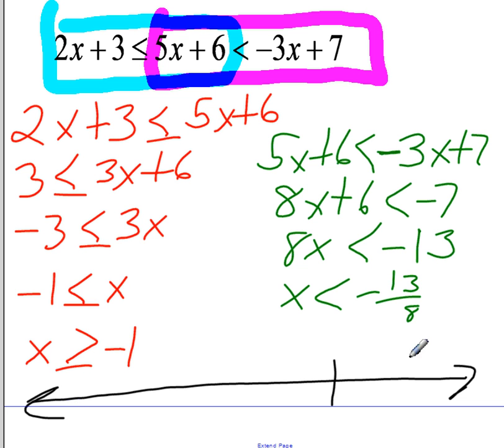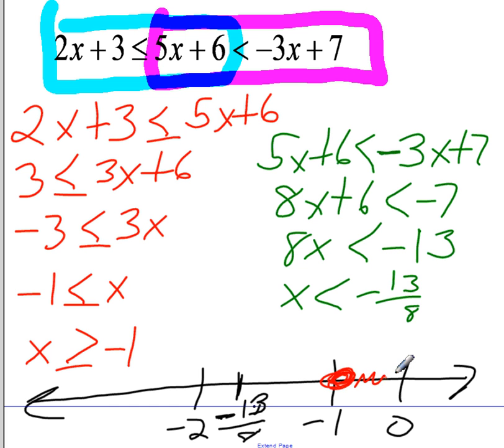So let's put 0 here, -1, -2, and then -13/8 is between -1 and -2. So I'll just put it right here. Okay, so x is greater than or equal to -1. That means to the right of.